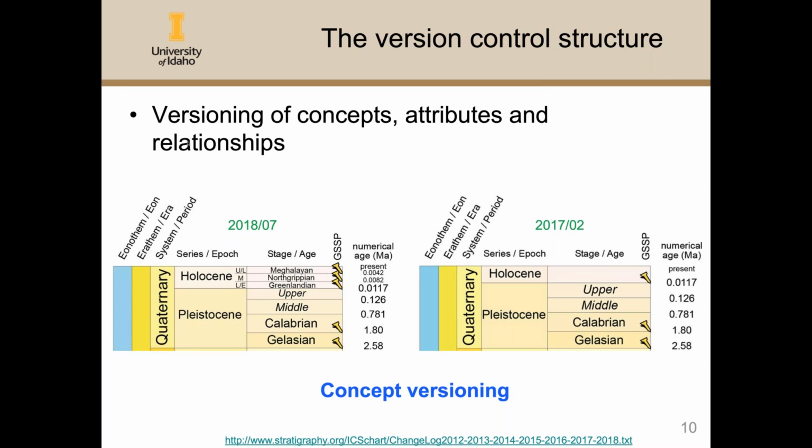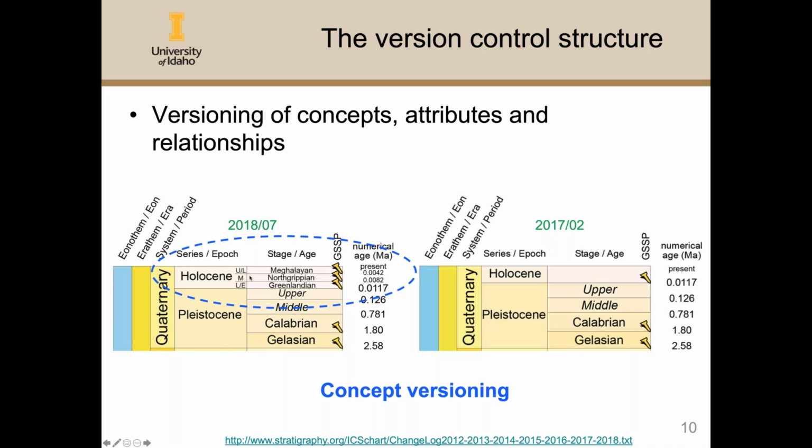International Chronostratigraphic Chart. We can see the versioning happens at several places. In one place, we may call it concept versioning. If you look at Holocene, this screenshot on the right is just a part of the chart in the version 2017 February, and the one on the left is a newer version, 2018 July.